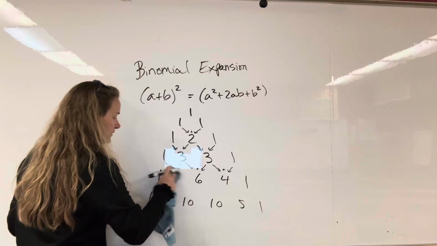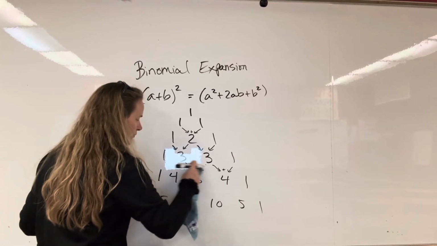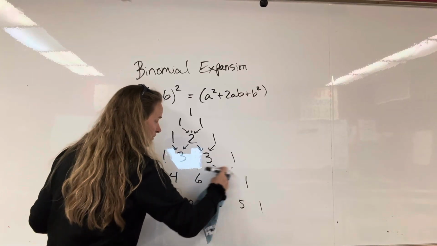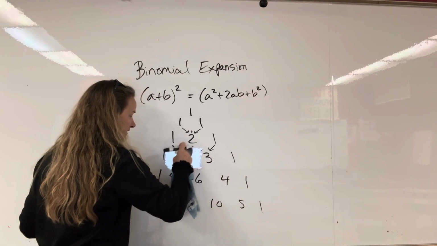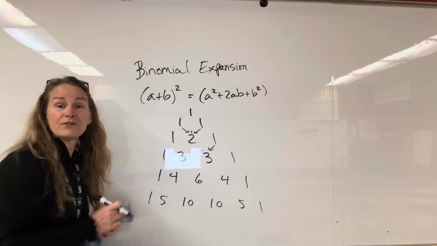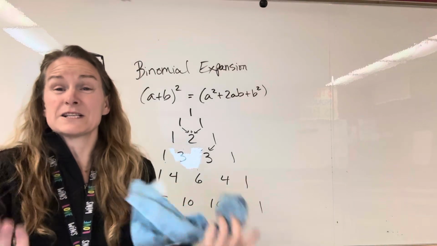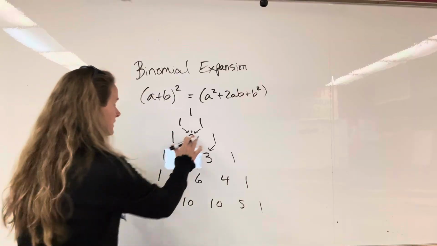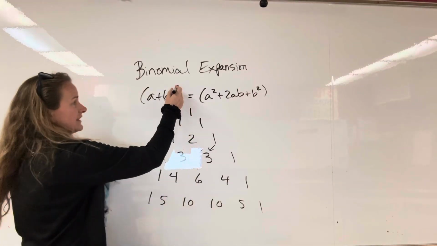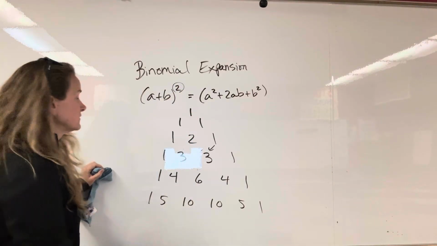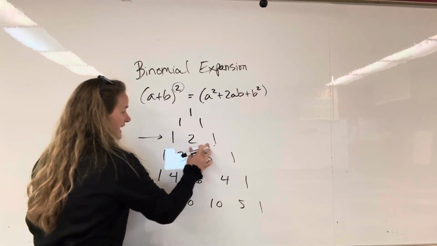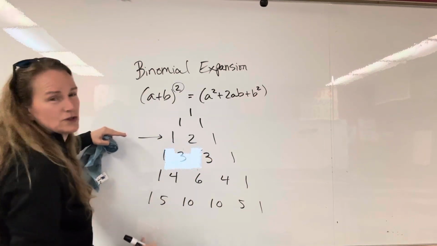Now, how can we use this? The way Pascal's triangle works is you can use a row of the triangle to get the coefficients when you expand a binomial. So here's what I mean. This one has a 2 in it, so you're going to go to the row that has a 2 in it, which is actually the third row.